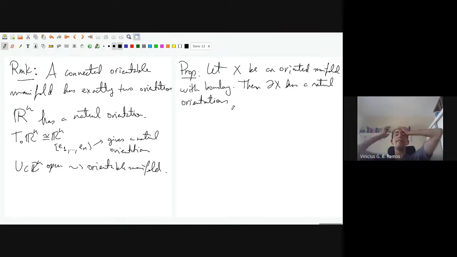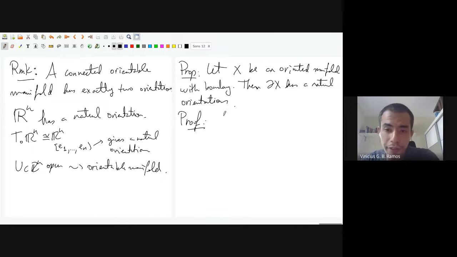It's kind of obvious that the interior of X has a natural orientation because, like I said, at interior points, the tangent space to X and the tangent space to the interior are basically the same thing. But on the boundary, they're not the same thing. One is included in the other. So how do you do that? Let me just say this proof, but it's really like a construction.